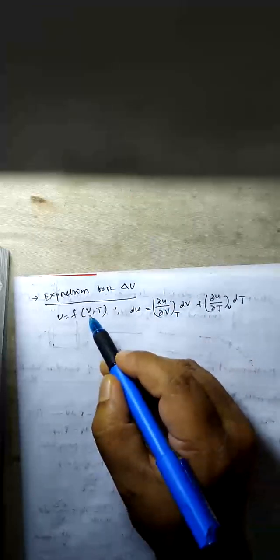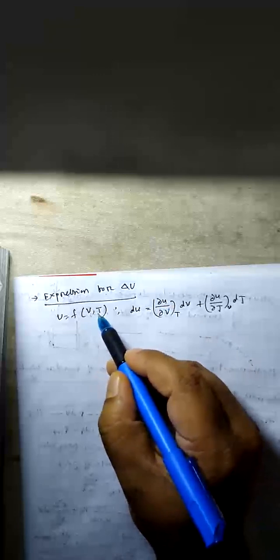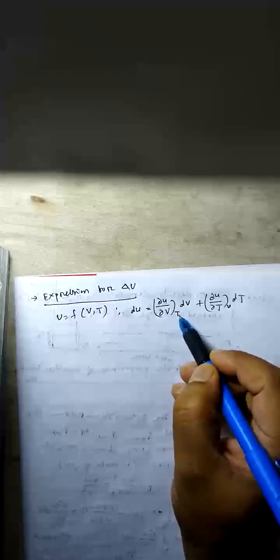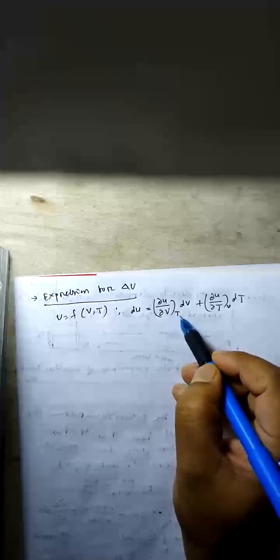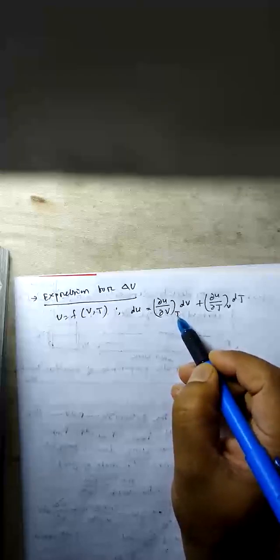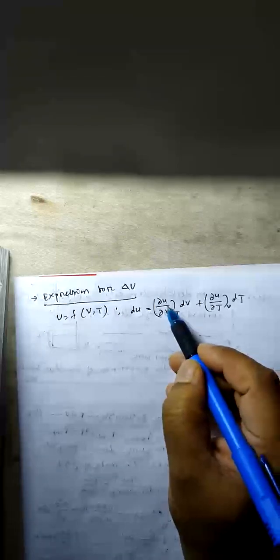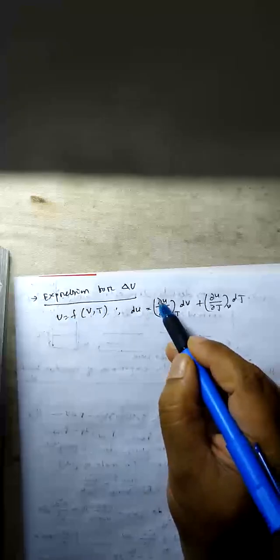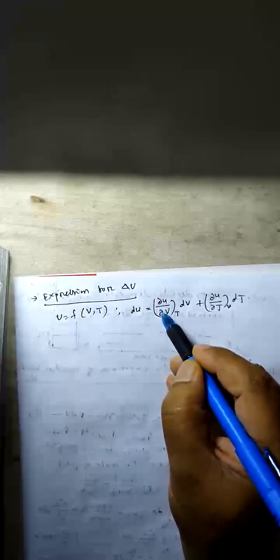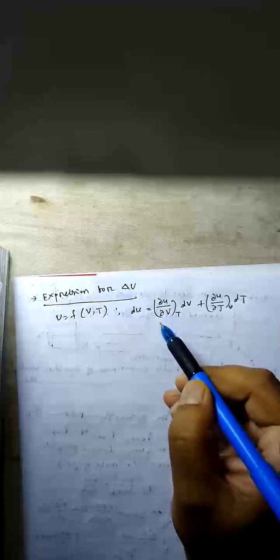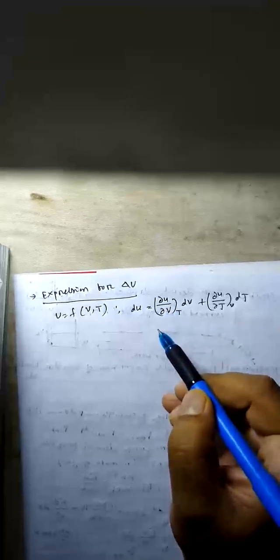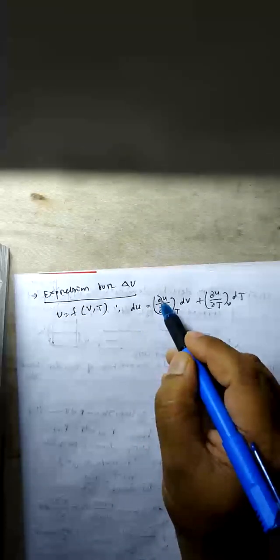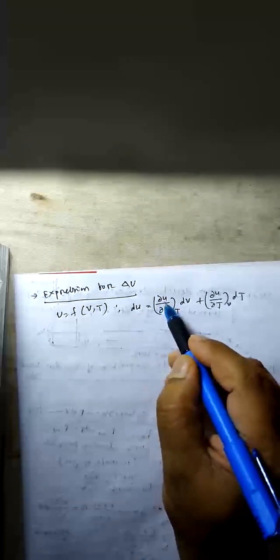Volume and temperature are two variables; here we vary V but keep the temperature constant. That is why it is written as dou. But if there is only one variable, then we write the plain d. This is called complete, this is called partial.